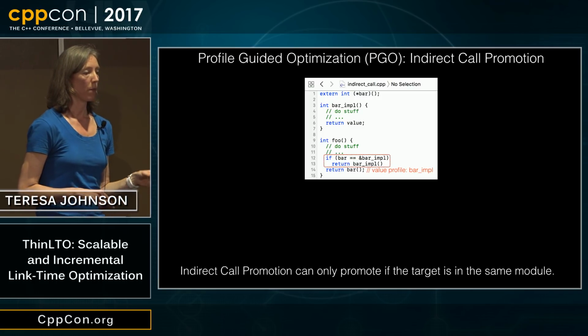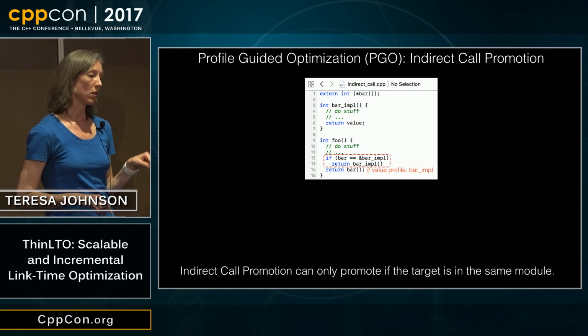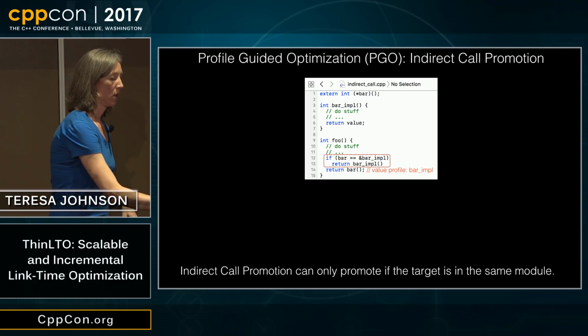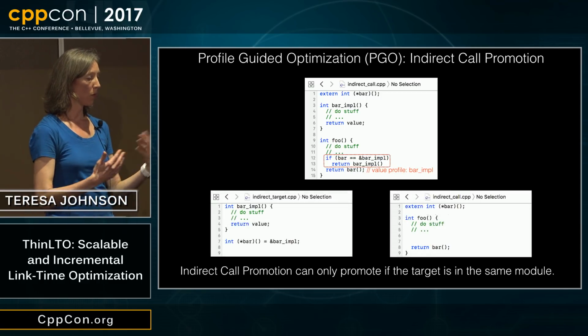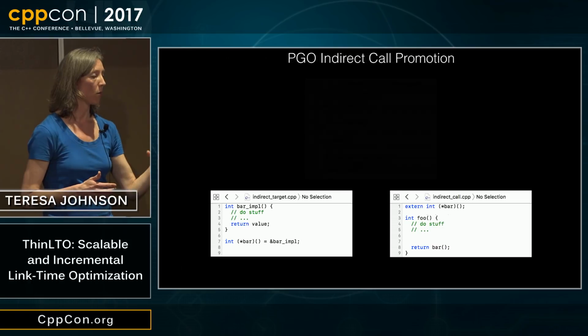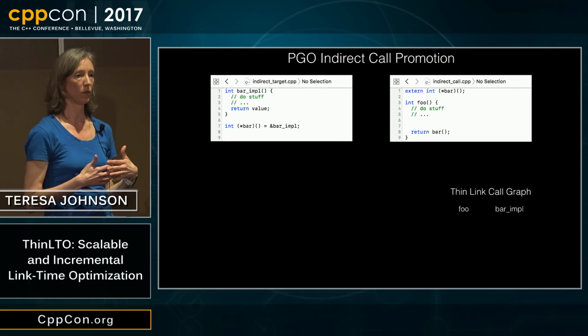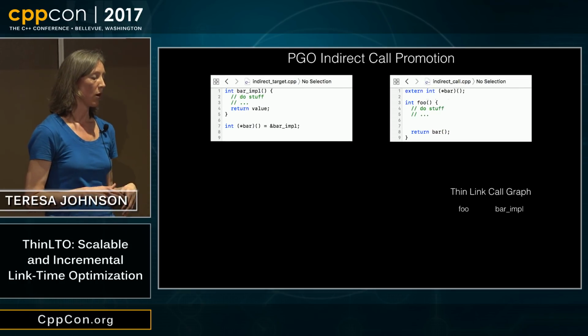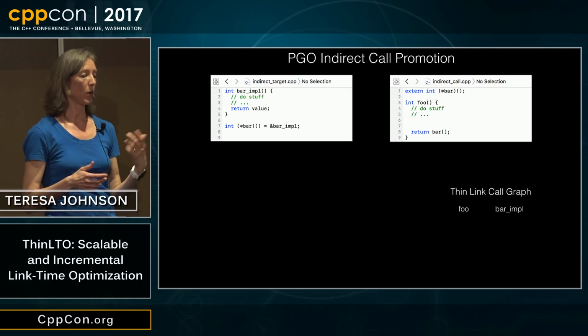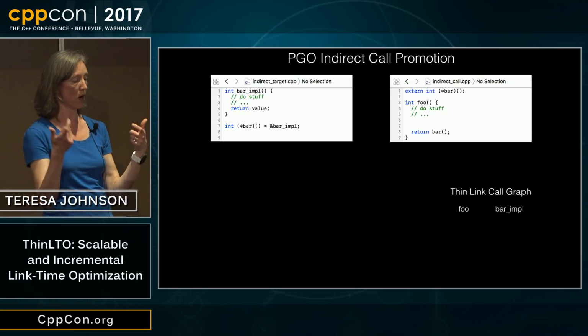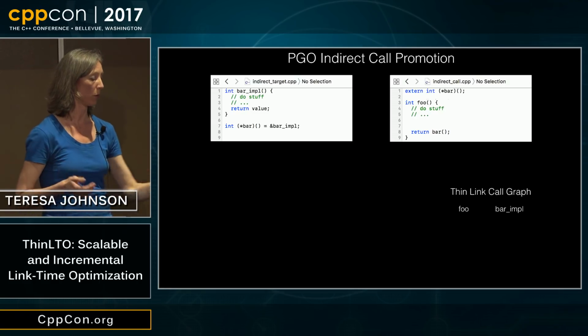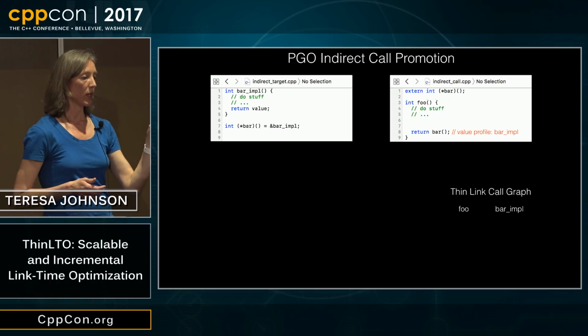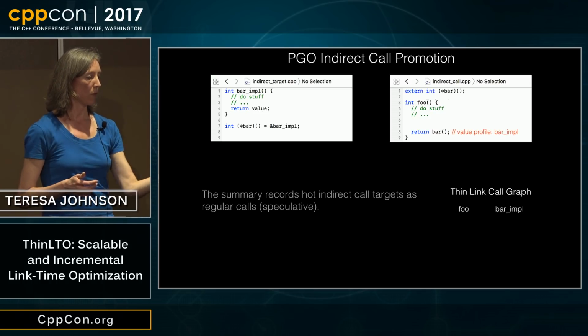That works, but unfortunately it only works when the target is in the same module. If this is split into two parts, we need ThinLTO to help us get the indirect call promotion. Without profile data, in our thin link, we have two disconnected nodes, foo and bar impl, and we don't know that foo calls bar impl. But with profile data in the IR, we can add that information to the summary.